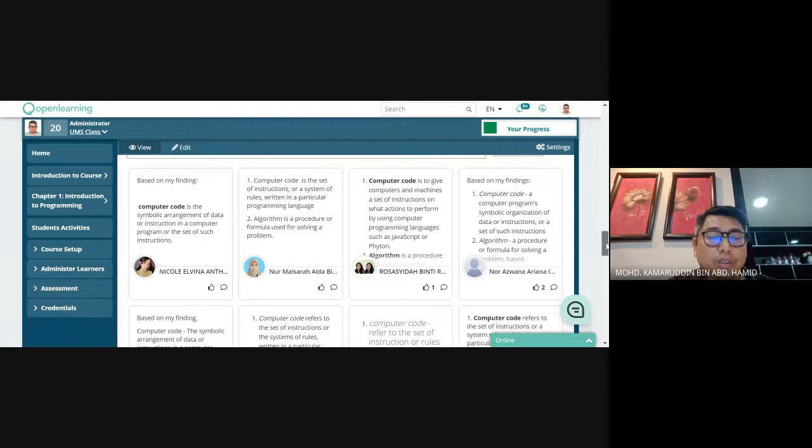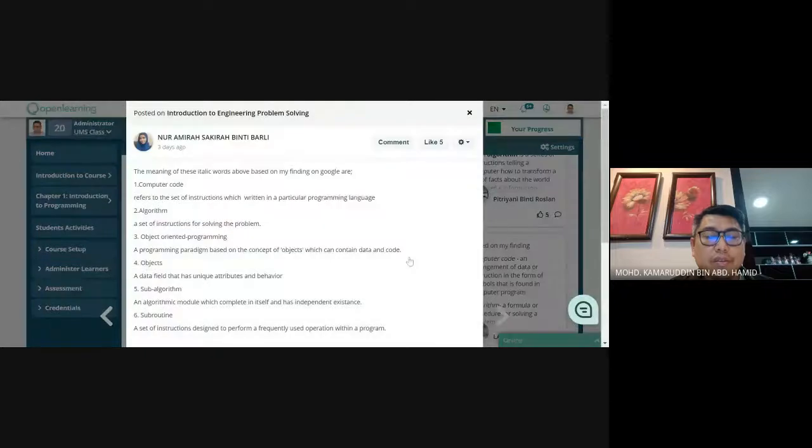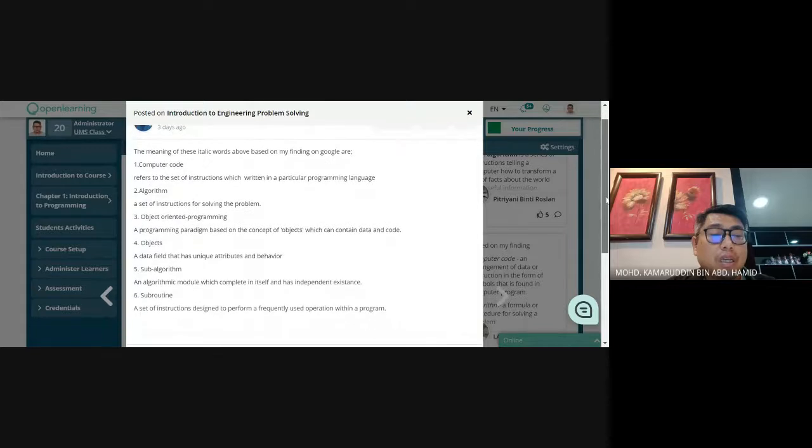So let's look at some of your definitions here. The meaning of the italic words above, based on my findings on Google, are: computer code refers to the set of instructions written in a particular programming language.